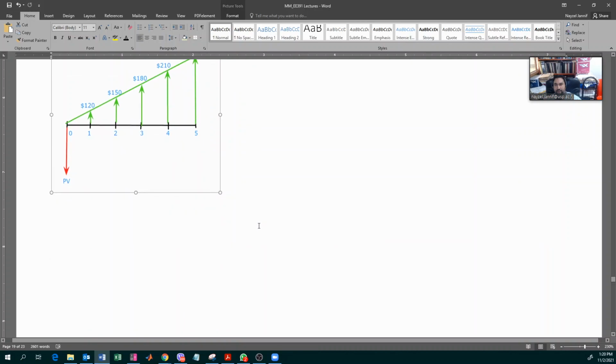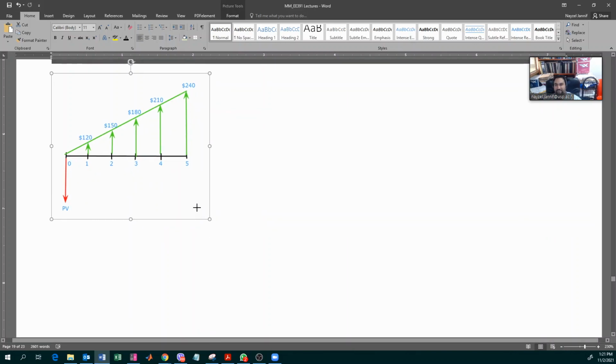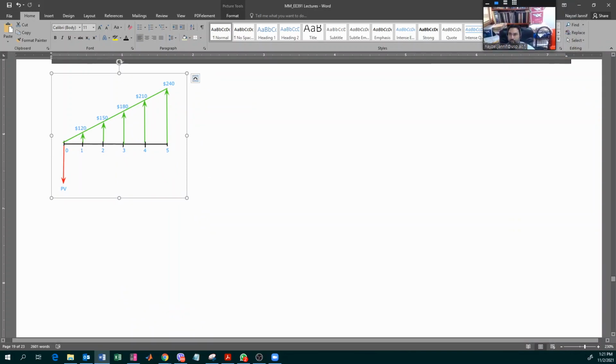We're going to split that into two pieces. I wanted to save some space on the right hand side. This diagram will become something along these lines. Let me show you.